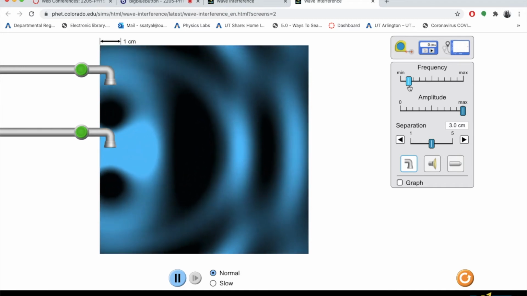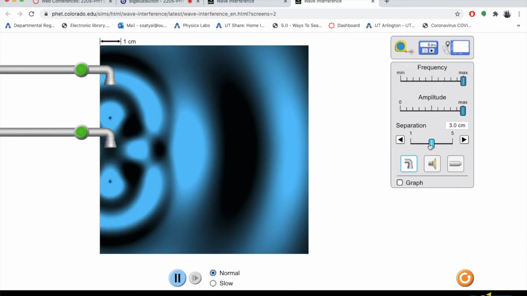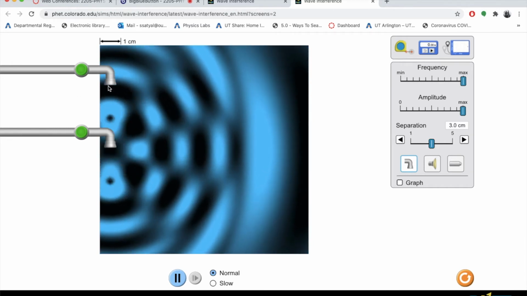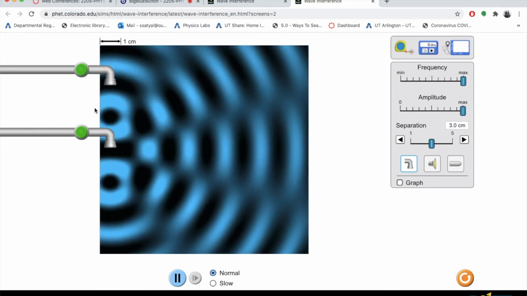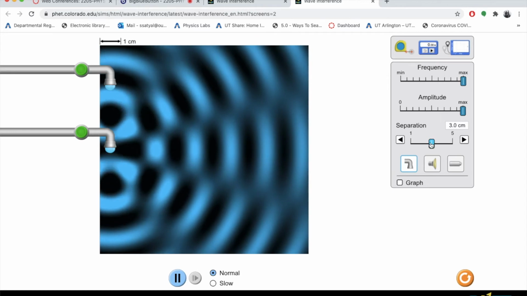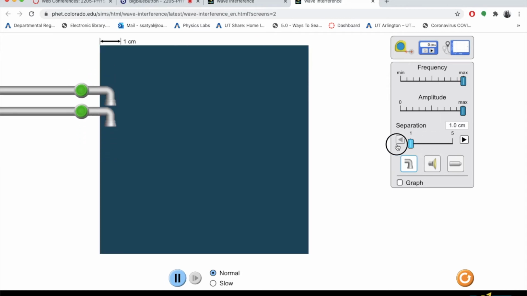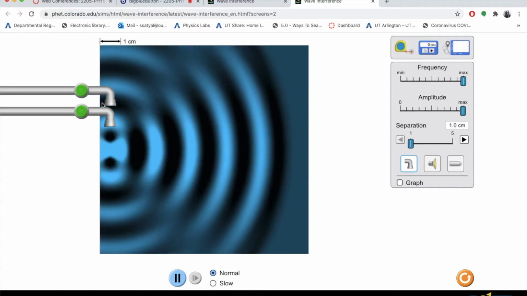So that's for low frequency, high frequency. And you should see some significant difference when you change the separation, because this is the slit difference. We are using two different slits. So that's for the minimum at 1 centimeter.